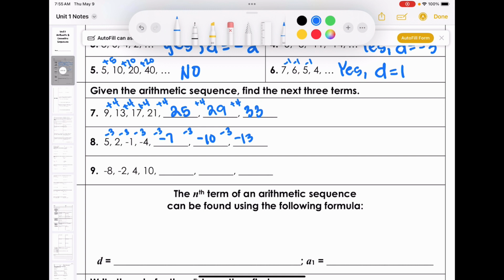Number 9, we have negative 8, negative 2, 4, and 10. So to find the pattern here, okay, we're adding 6 every time. So my next term would be 16. Then I'm going to add 6 to that and get 22. Then I'm going to add 6 to that and get 28.